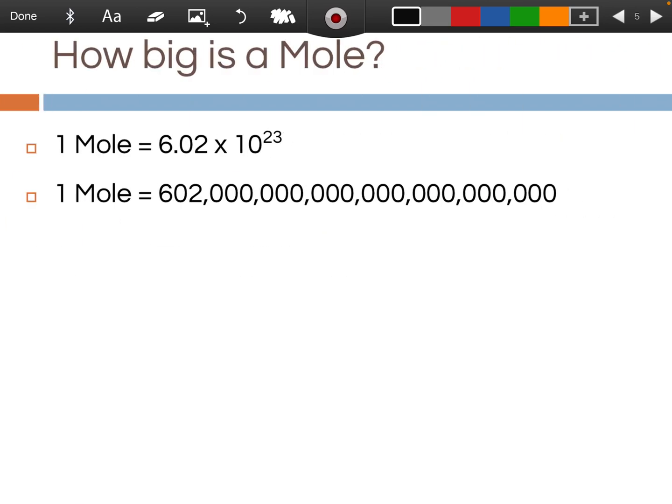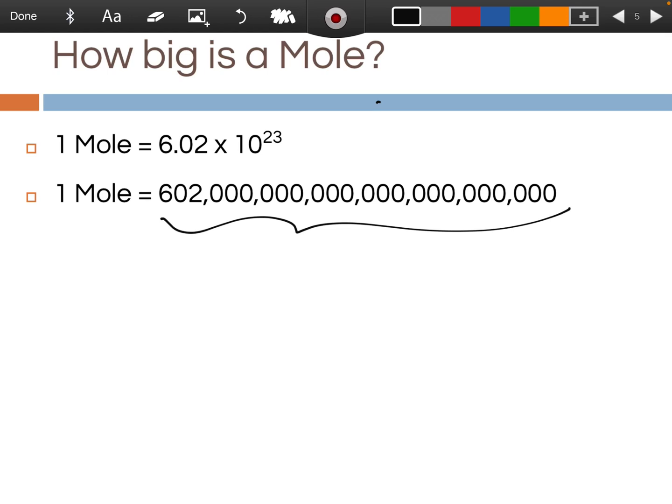So here's the hard thing with the mole. That number is huge. When you have times 10 to the 23rd, that means that you take the decimal and you move it to the right 23 places. If you wrote out the value for 1 mole, it would look like this, which is a ridiculously large number.